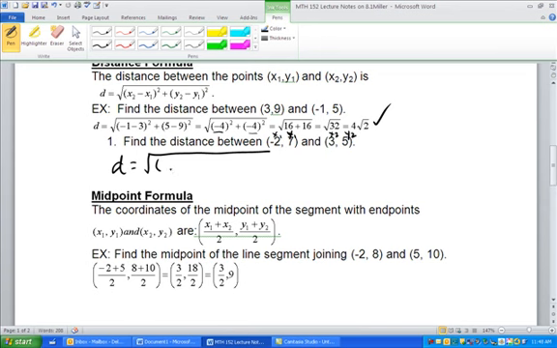And so x2 minus x1, so it's minus a negative, would be plus. y2 minus y1. So we have the square root of 5 squared, which is 25, plus 3 minus 7, which is -2, squared would be 4. So we have the square root of 29, and we can't simplify that any further.